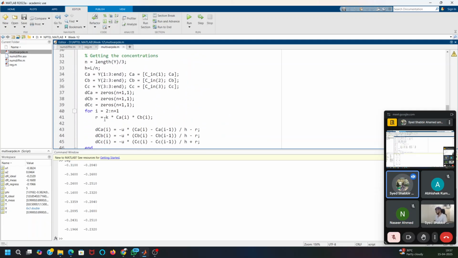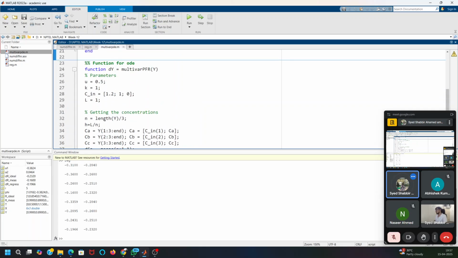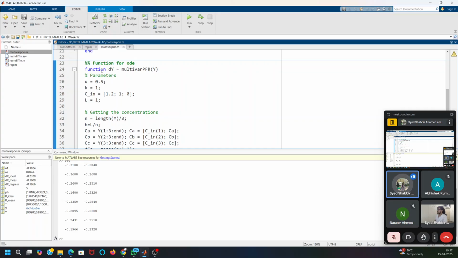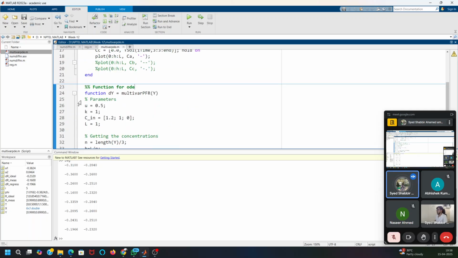And we have to first define the function which gives us the ordinary differential equations. So this is the function which we are writing. This will give us 3n ordinary differential equations from the partial differential equations.